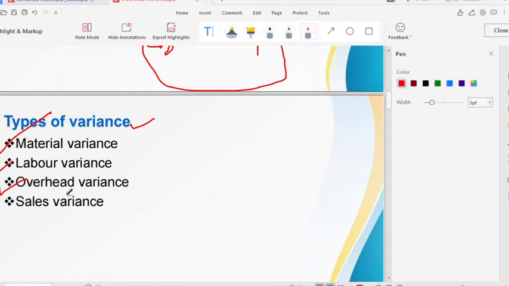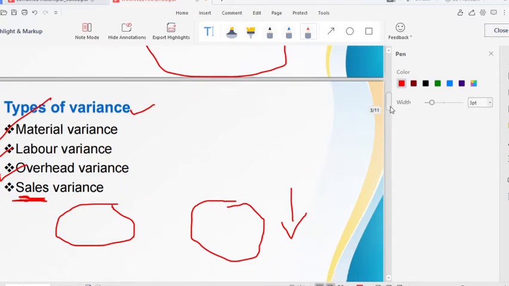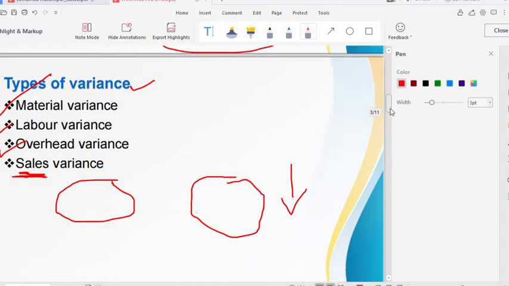That is in the expenses which we assume and whatever expenses actually happen. There are differences in the sales also. We will be thinking this is our target, but exactly your sales might be reduced, right? Sometimes your sales might be more also. Got it? So these are the types of variances.